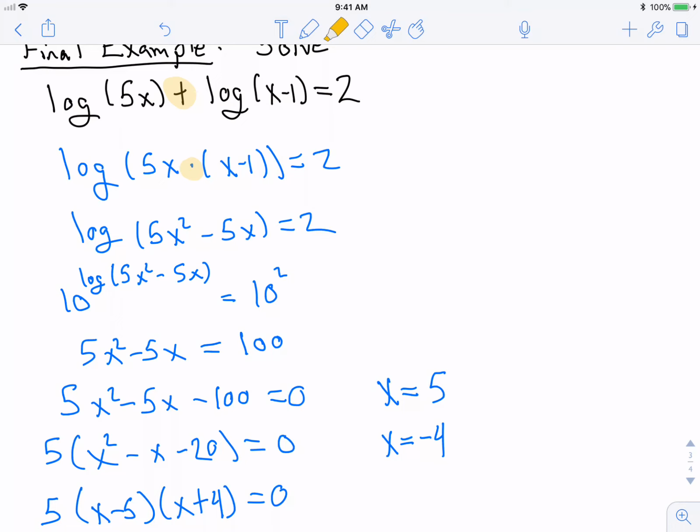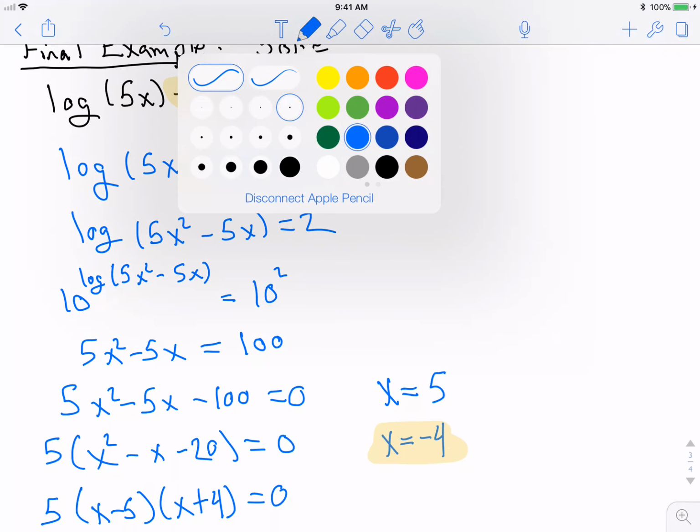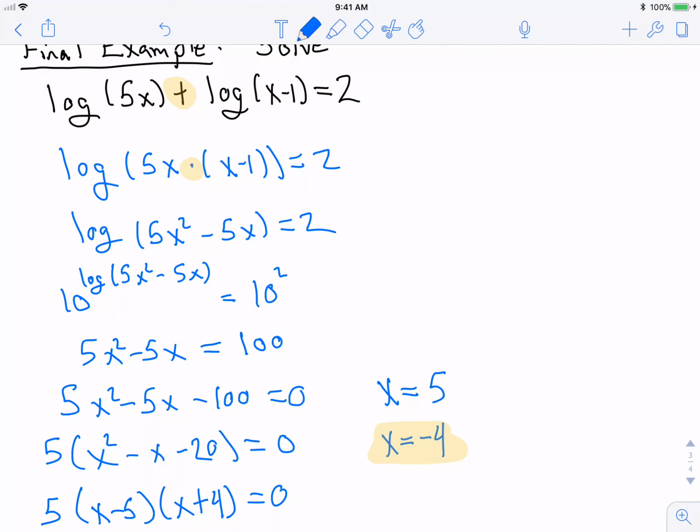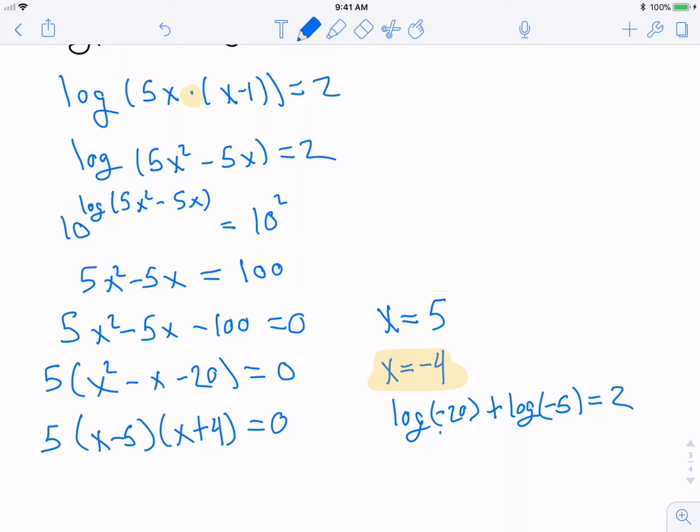So if we take negative 4 and we plug it into our original equation, we get log of negative 20 plus log of negative 5 is equal to 2. And neither one of these are defined. These are both not defined.